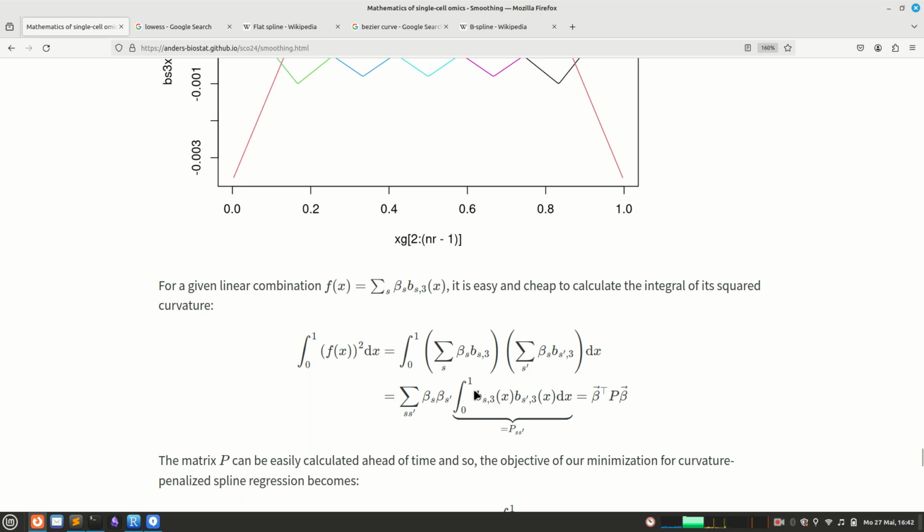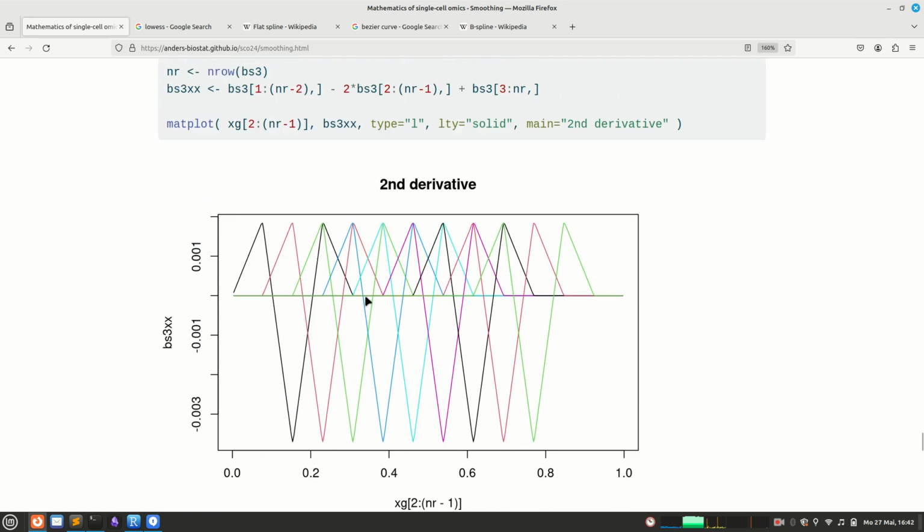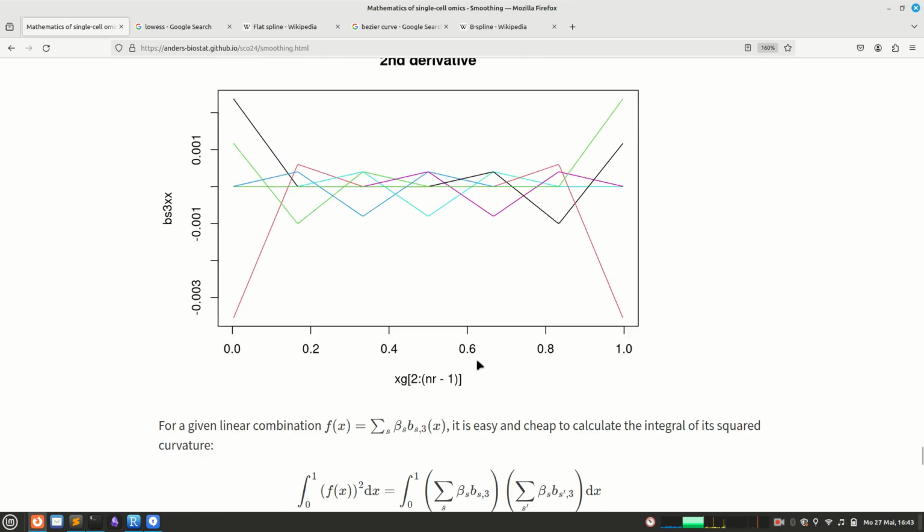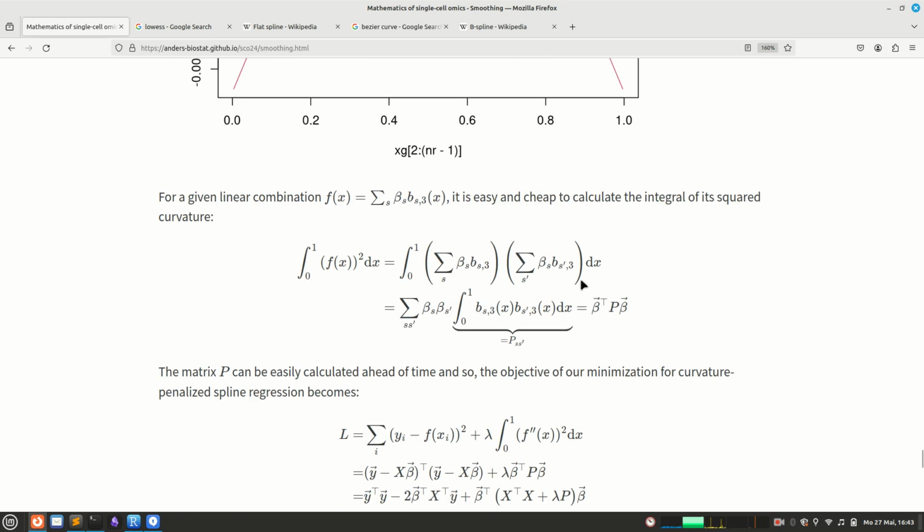And of course, this is something you can calculate ahead of time. For each pair of basis functions, you calculate the integral of the product of its two second derivatives. And if you take the product of any two such basis functions here, you can imagine the product is a quadratic function from one knot to the next, and that is easy to integrate up. And so in the end, this whole thing here is simply a fixed constant matrix.